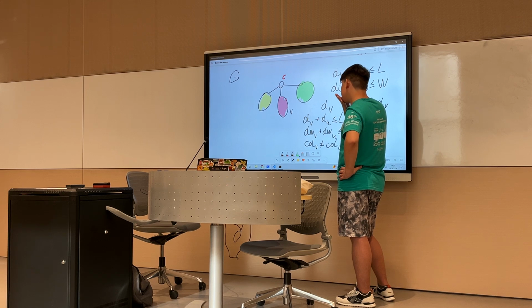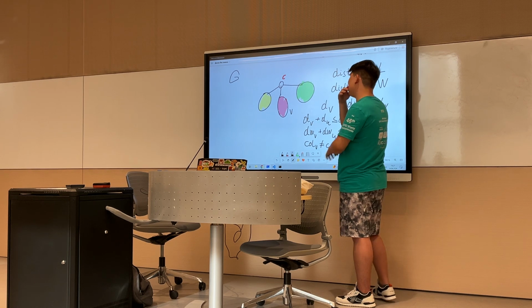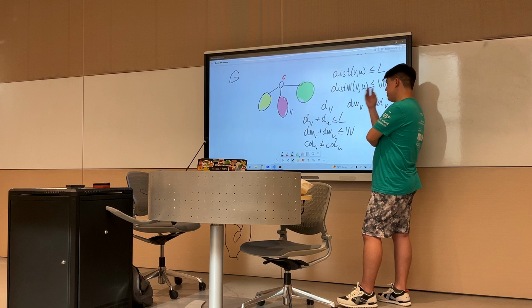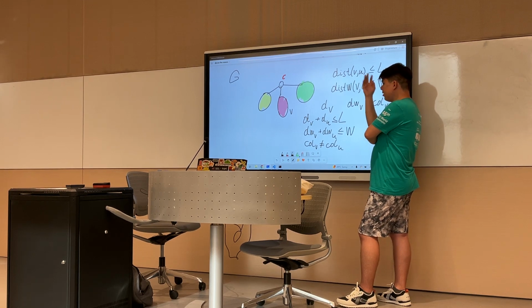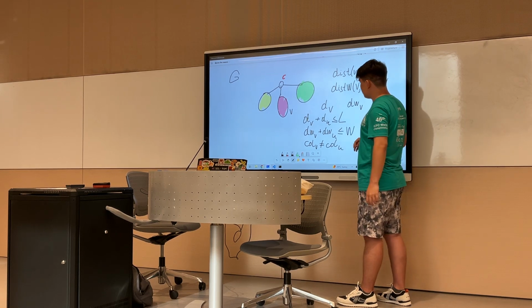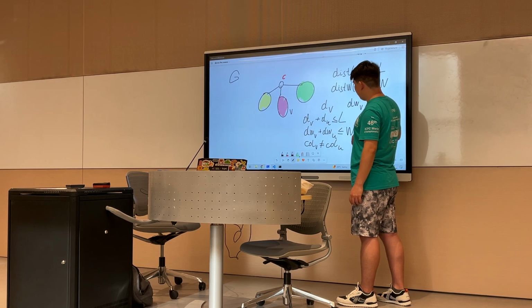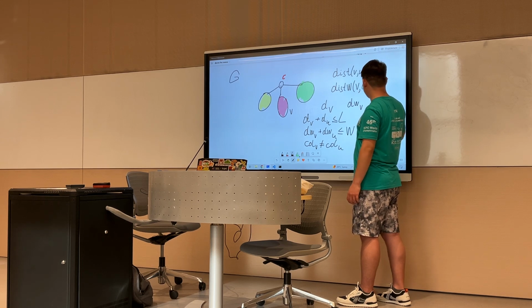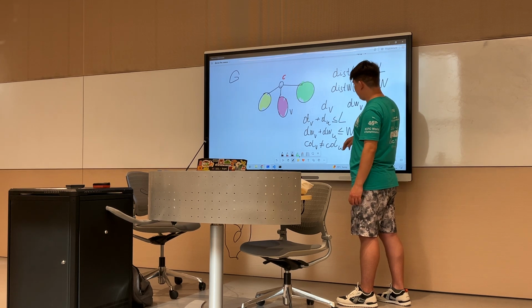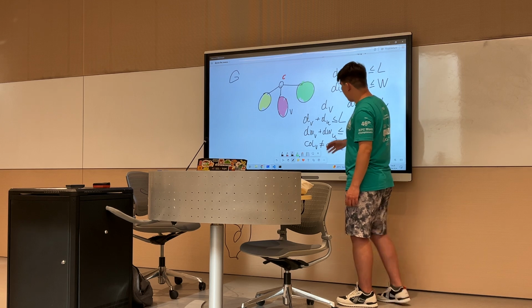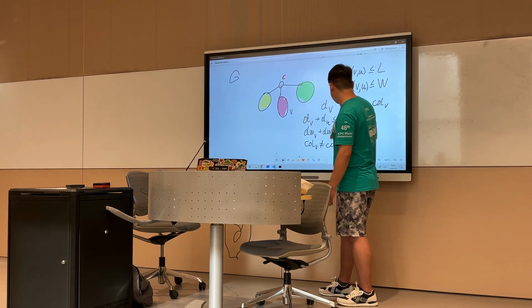Okay, we can do this. In that problem, we just use the first method on the centroid decomposition. Let's forget about color and think that we have only pairs of dV and dU.